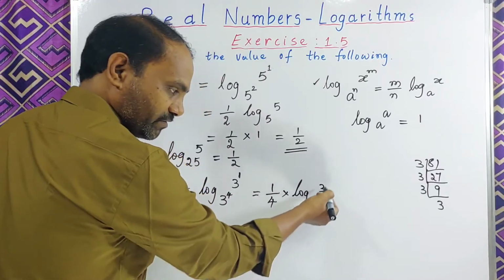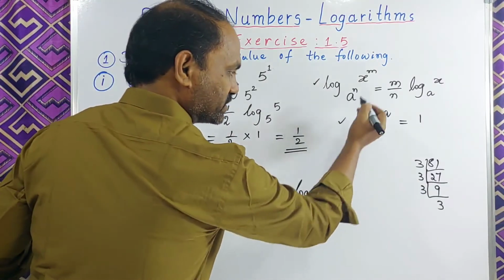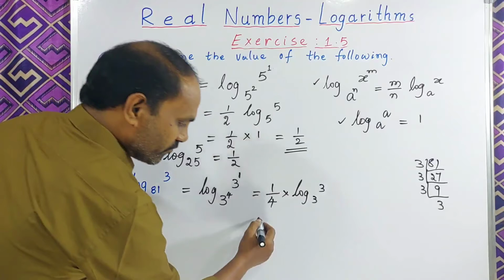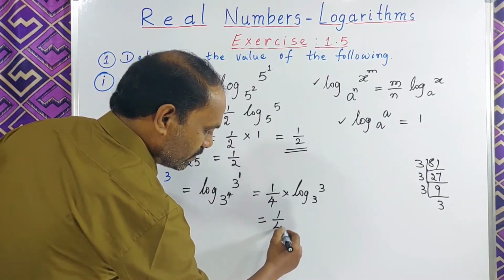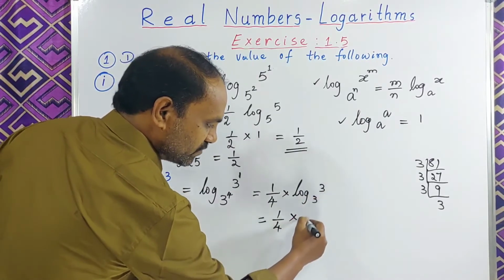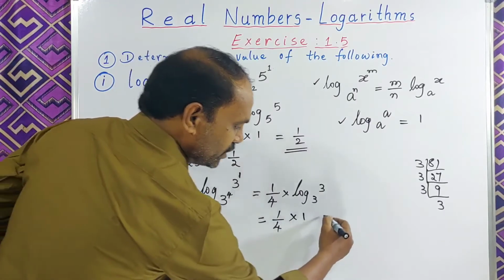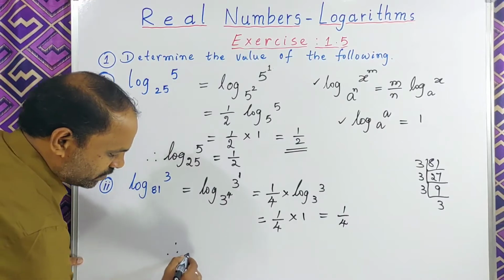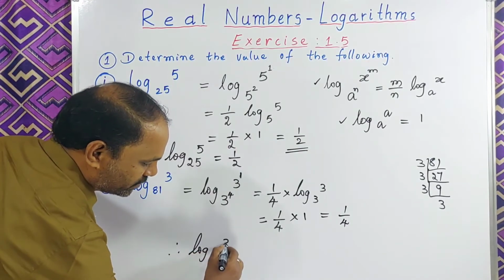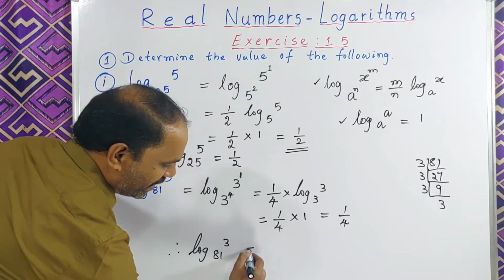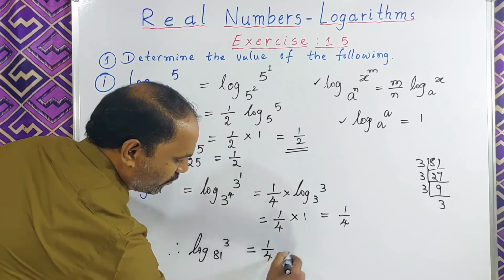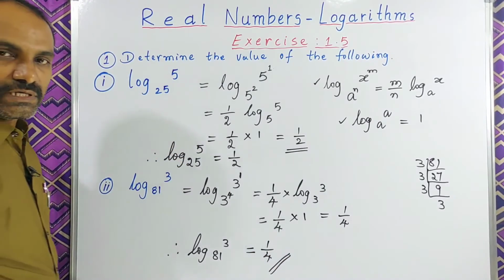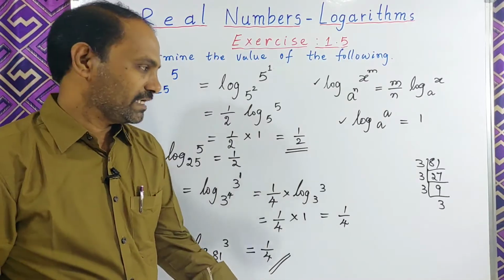Again the base value and this value are both equal, so use that formula: 1 by 4 into 1, since both are equal. 1 by 4 into 1 is 1 by 4. Therefore log 3 to the base 81 value is 1 by 4. Is it understood? Let us check the next.